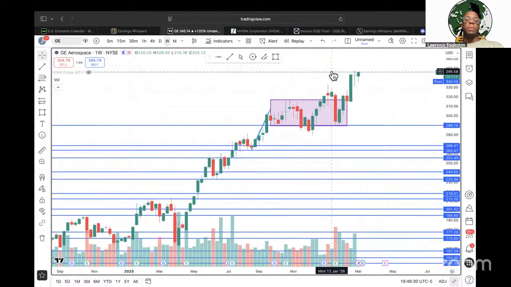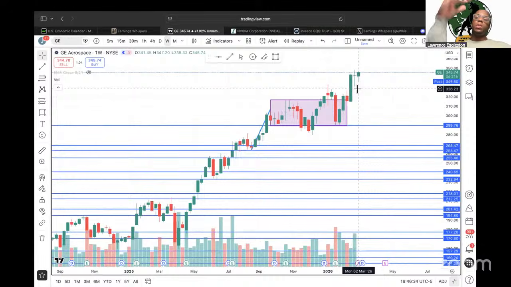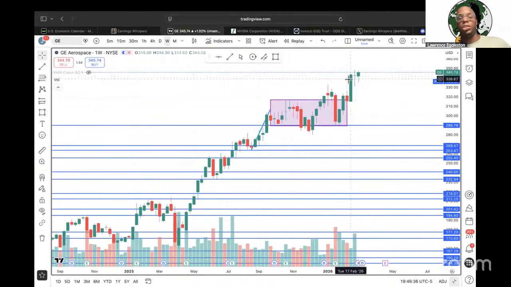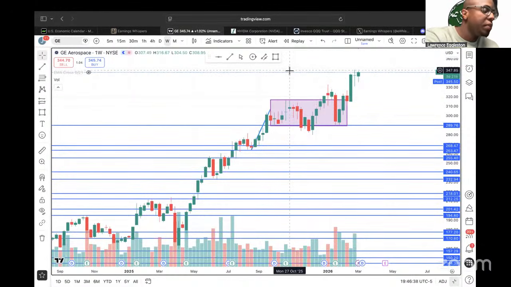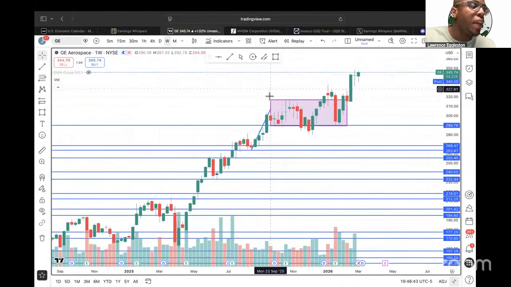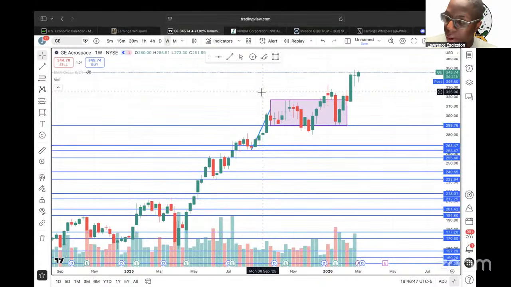You take a look here, a good solid day for them. We still expect more room to the upside on GE Aerospace, definitely. So I'm just showing you that realistically, the news plays a major role in how the market is going to move overall.